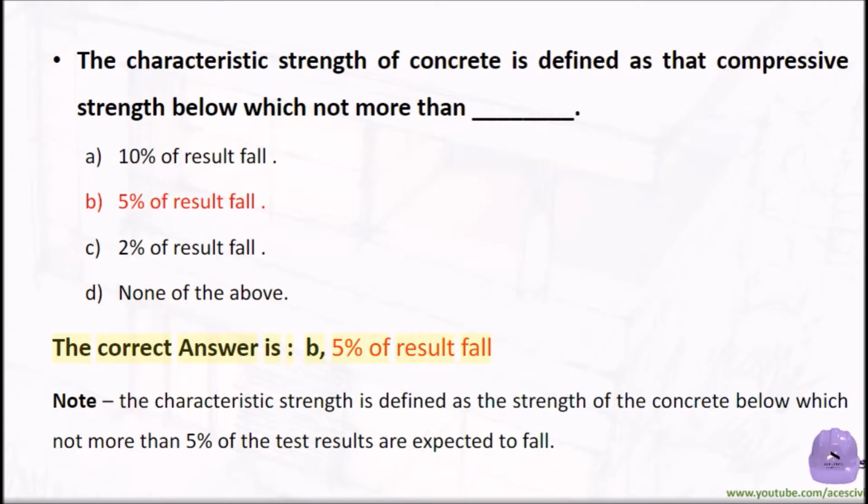The correct answer is B. 5% of results fall. Note: the characteristic strength is defined as the strength of the concrete below which not more than 5% of the test results are expected to fall.